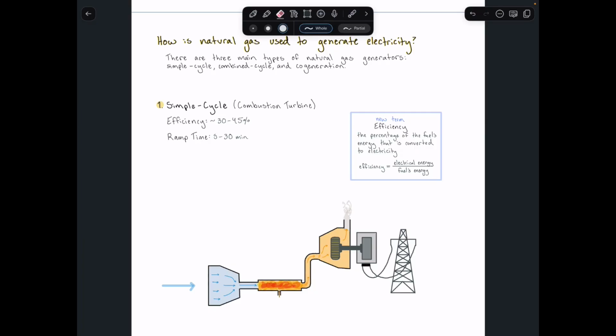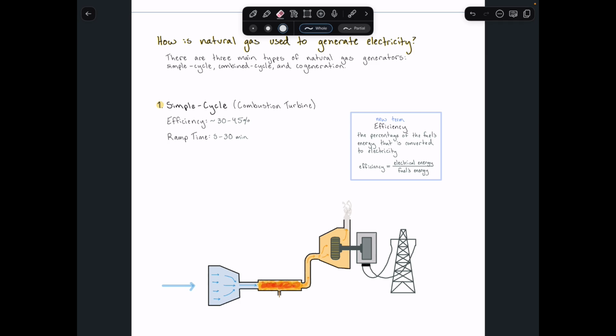In the case of natural gas power plants, different power plants have different levels of efficiency. The reason I'm only discussing efficiency now, and haven't discussed it in the previous coal and crude oil lectures, is because the choice of which type of natural gas power plant to build is primarily dependent on the efficiency of the power plant and the ramp rate, which is how quickly the power plant can change its power output.